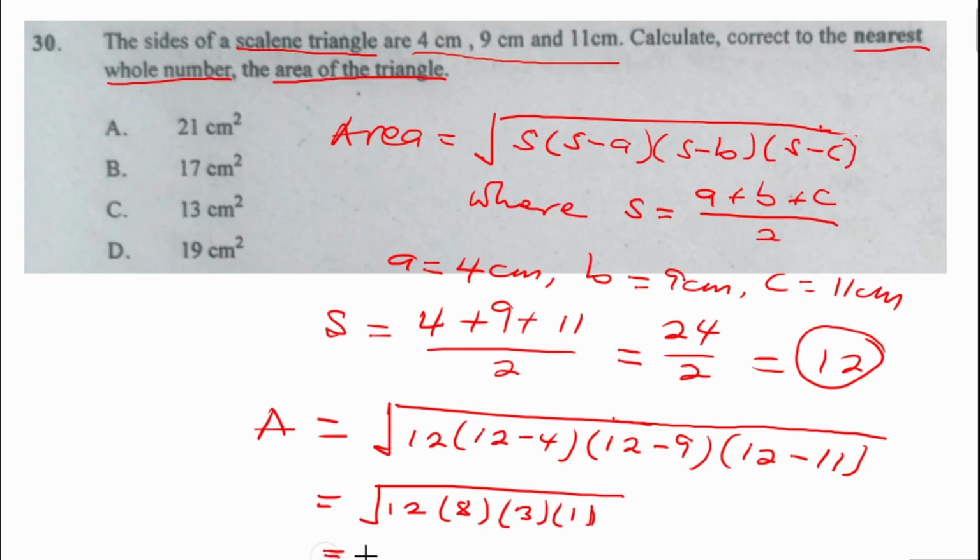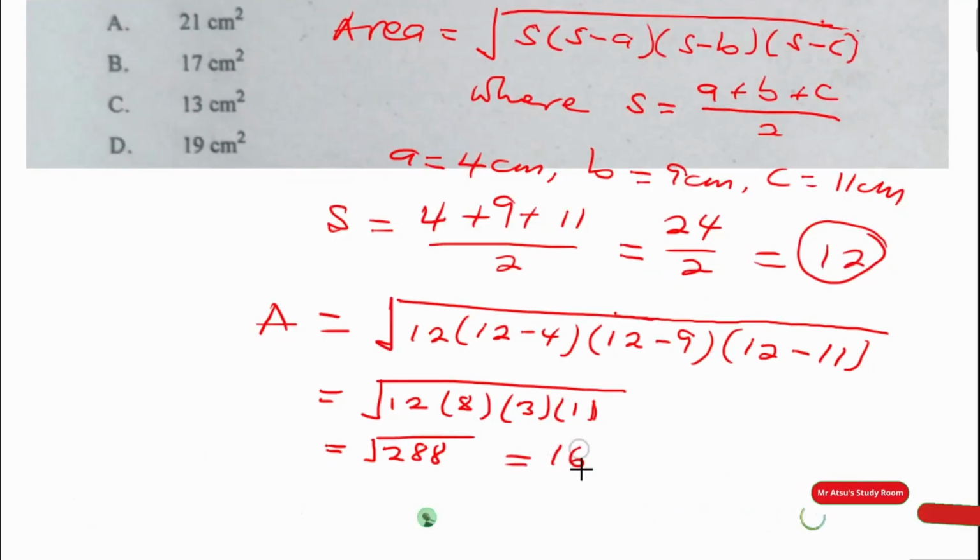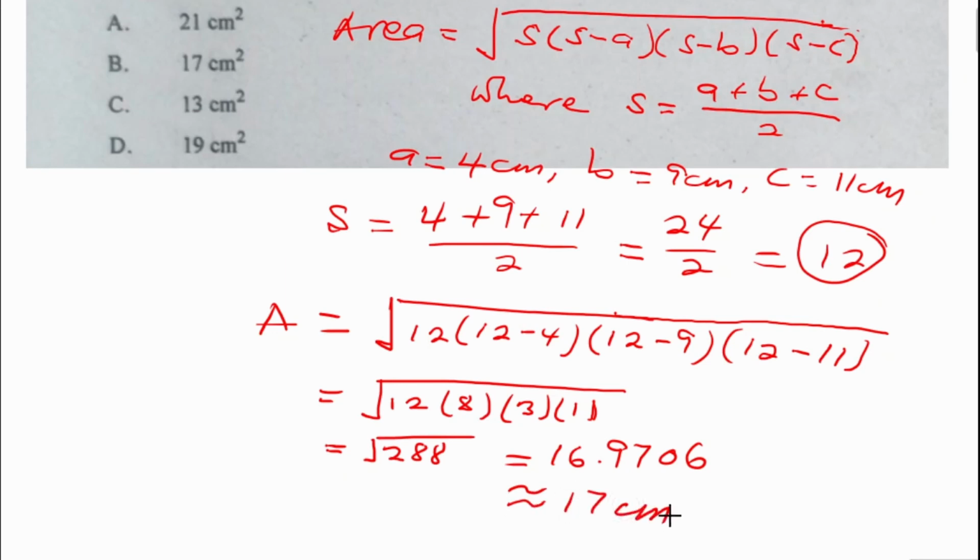And that will be square root of 288, and that will be 16.9706. And to the nearest whole number, because that's what the question said, will be 17 square centimeters. And looking through the options, that is going to be option B. We move on to the next question.